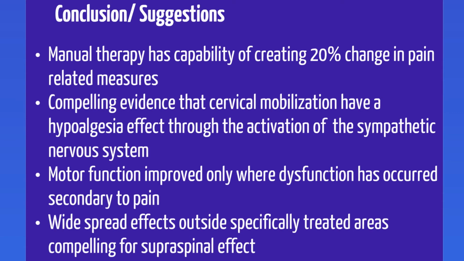Looking through all the data, they came up with that manual therapy has a capability of creating a 20% change in pain-related measures. And the pain-related measures in this study were pain pressure threshold and also perceived pain, so the rating scale pain, the 0 to 10.